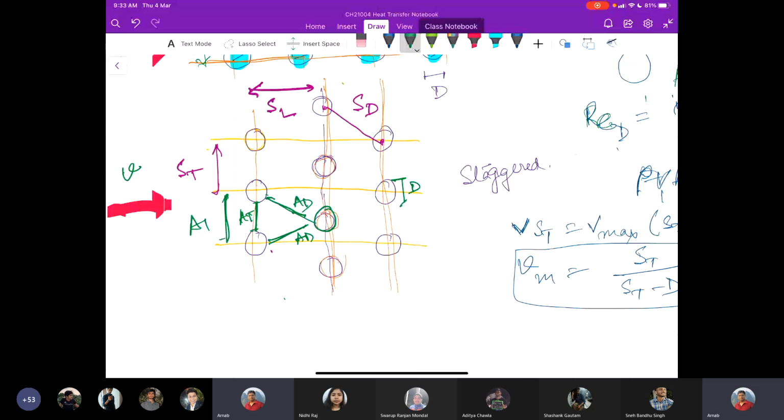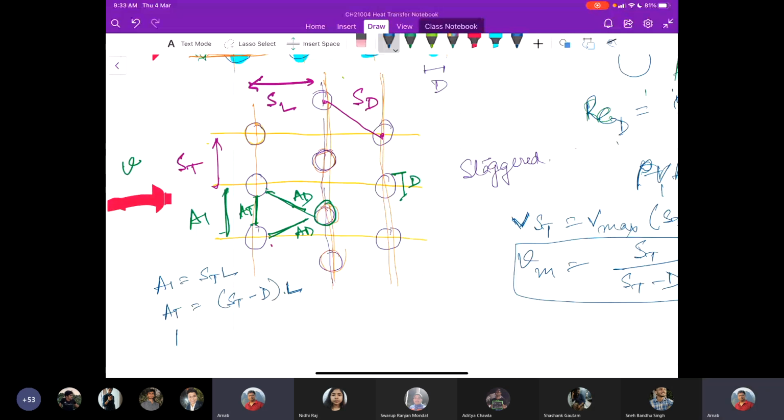So as per our understanding, A1 is ST times L. AT, similar to our previous understanding, is (ST minus D) multiplied by L. AD, we can write as (SD minus D) multiplied by L. Here the controlling parts of the tube arrangement are similar to the previous discussion: SL, ST and SD.